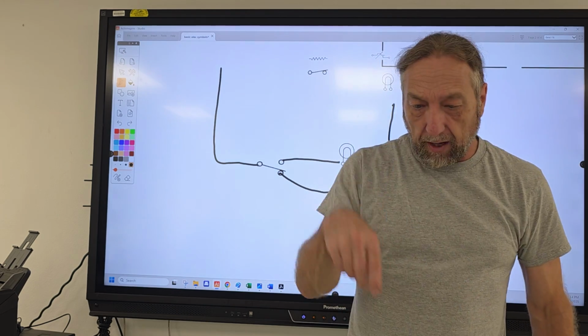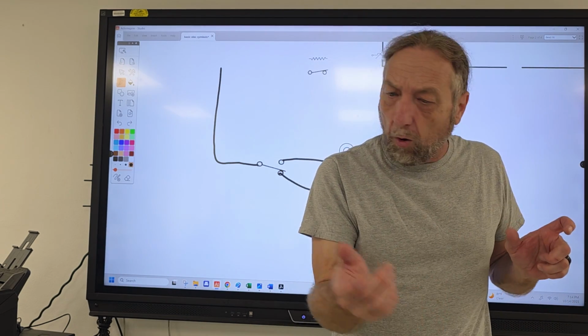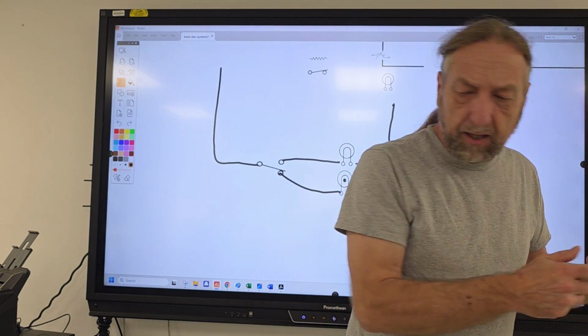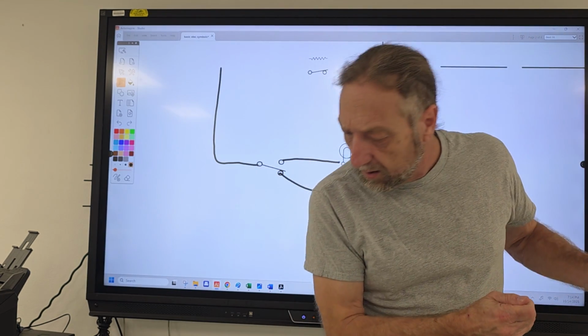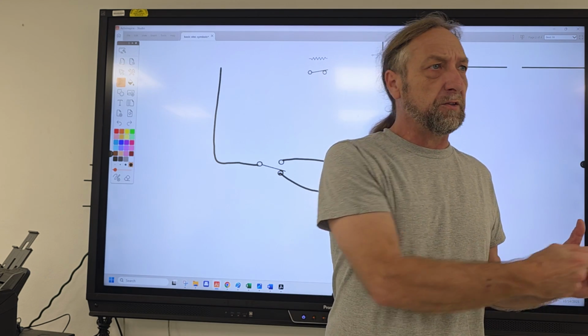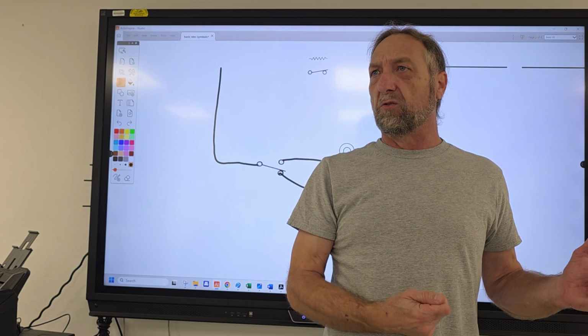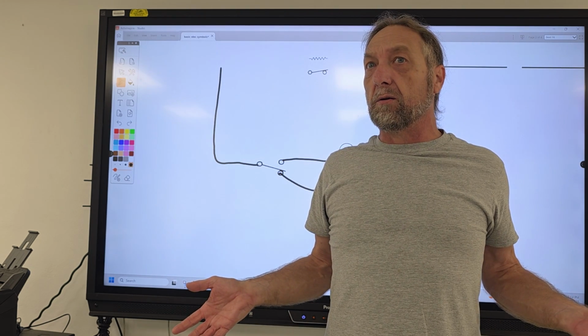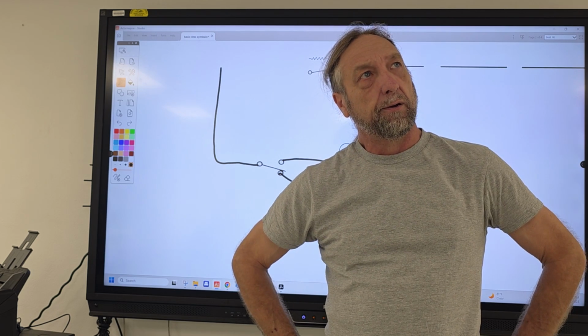I look at the selector switch and I say, oh, blue goes on number 2, orange on number 3, blue on... The diagram doesn't have a blue wire. But this machine has a blue wire going to this switch. I'm looking at the diagram at the switch. There's no blue wire.